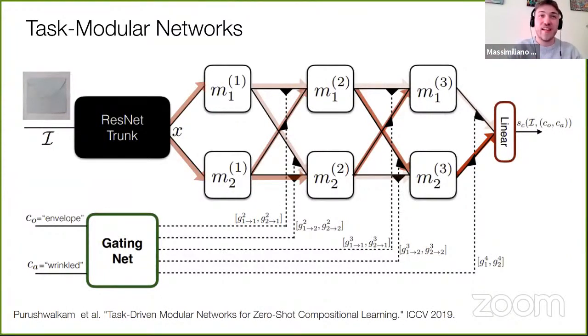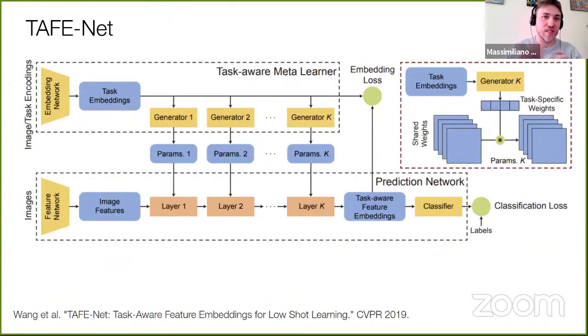This has been explored also in another work, which is task-aware feature embedding networks. That is actually a more general approach, also for few-shot learning. In this case, you have these task encodings, which can be your compositions.